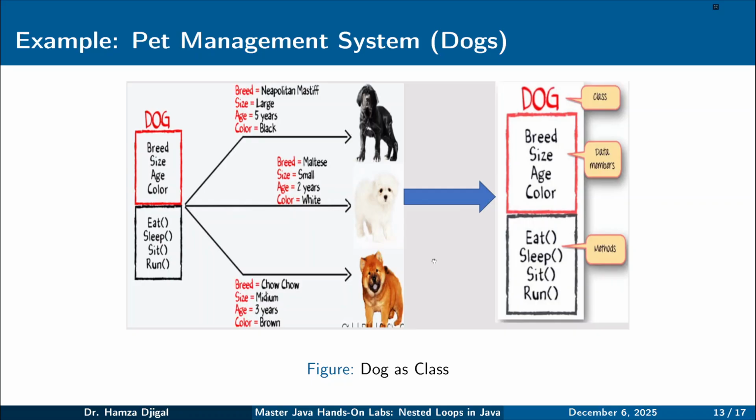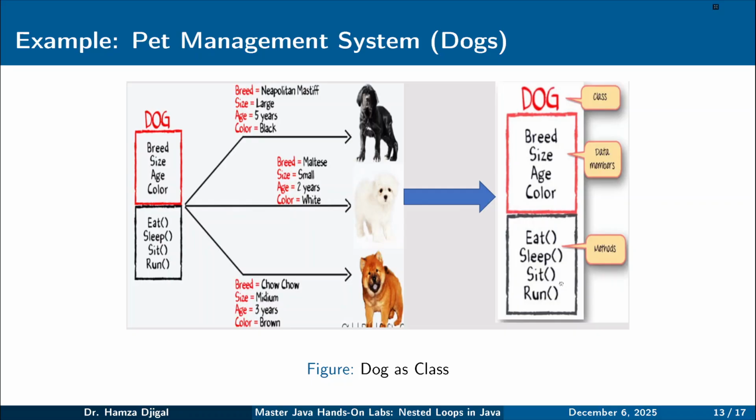You see, we have the dog, for which we have identified the common attributes and actions, like what they can do. Then this can be mapped as a class with data members and methods. As you can see, we have defined the Dog class, then we have the data members, and we have the methods.